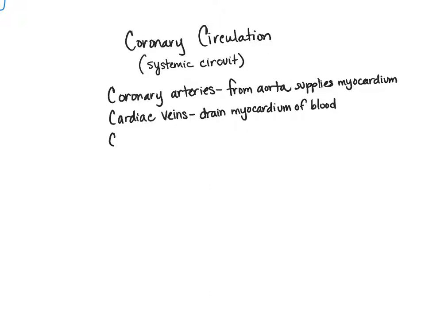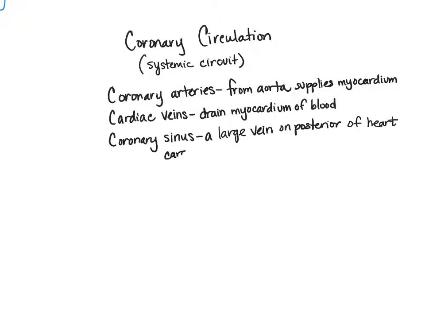Now, there's one other part of this that you should be aware of called the coronary sinus. Now, the coronary sinus is a large vein on the posterior of the heart. And this receives blood from the cardiac veins. So our cardiac veins are going to all kind of culminate in the coronary sinus. So a large vein on the posterior of the heart, and this is where the cardiac veins are draining.